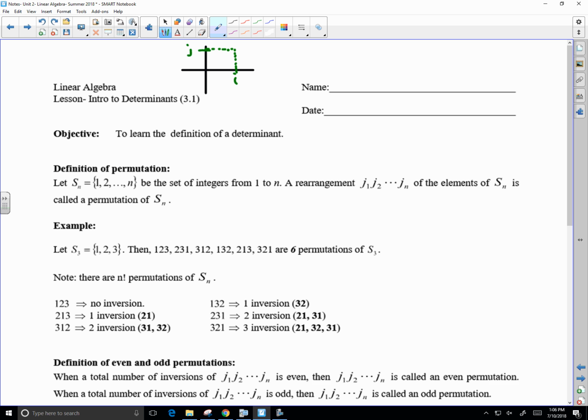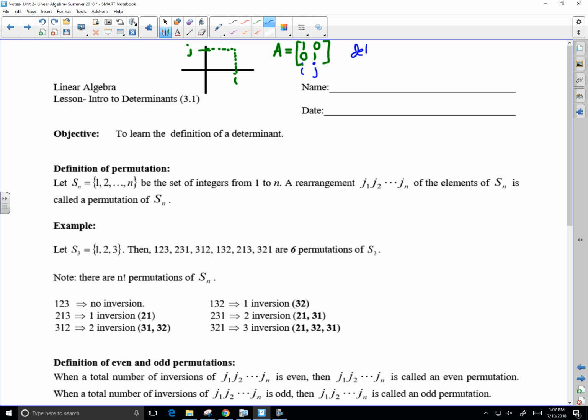Right? So if I wanted to find the determinant of i, j, so that would be, I'll just call it matrix A, the identity matrix: 1, 0, 0, 1. The 1, 0 is the i, and the 0, 1 is the j.